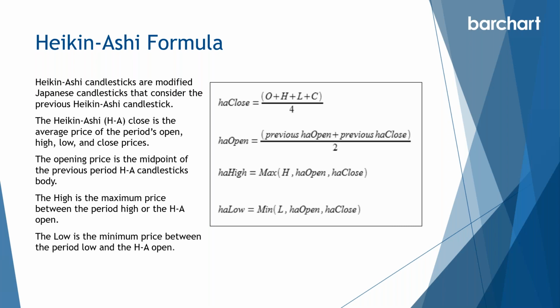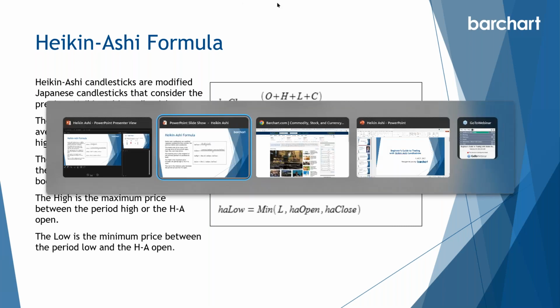Now, the Heikin Ashi opening becomes the most influential data point. That's because a candle that closes above the midpoint of the prior candle is designated as an up candle, and those that close below the midpoint of the previous candle are designated as a down candle.